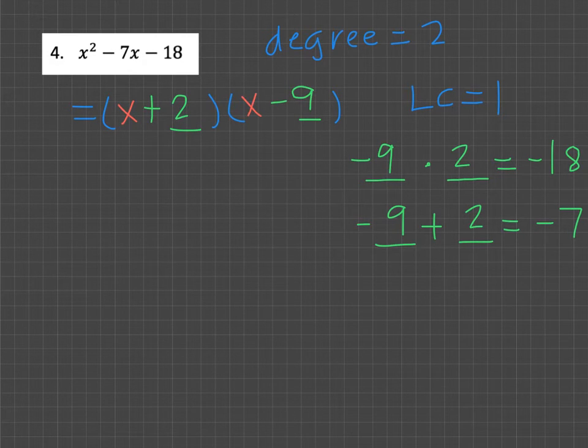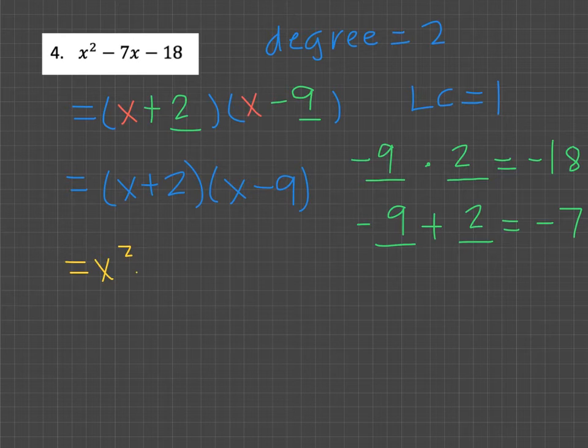So the factored form of the quadratic is x plus 2, that factor, times this other factor, x minus 9. We can always check our factoring by multiplying it, by doing FOIL. So first times first, we get x squared.